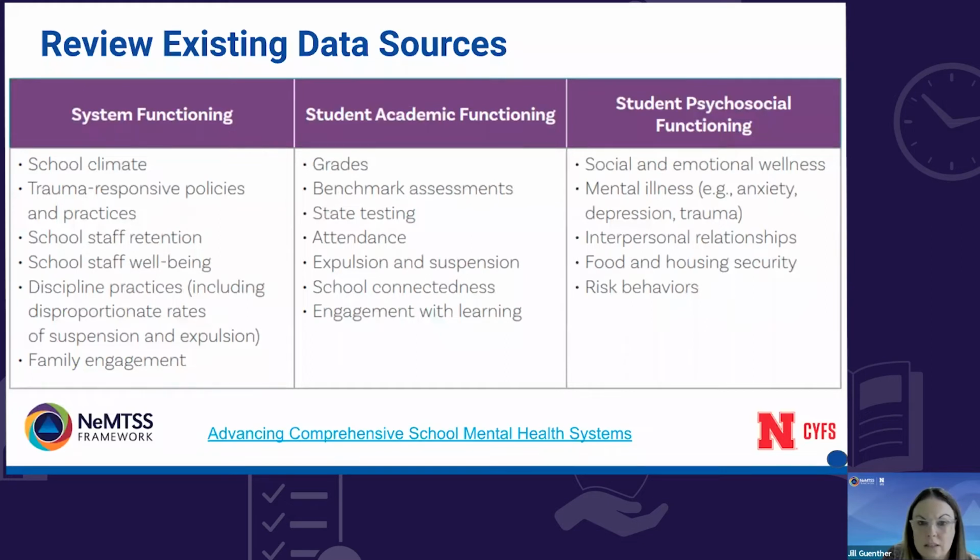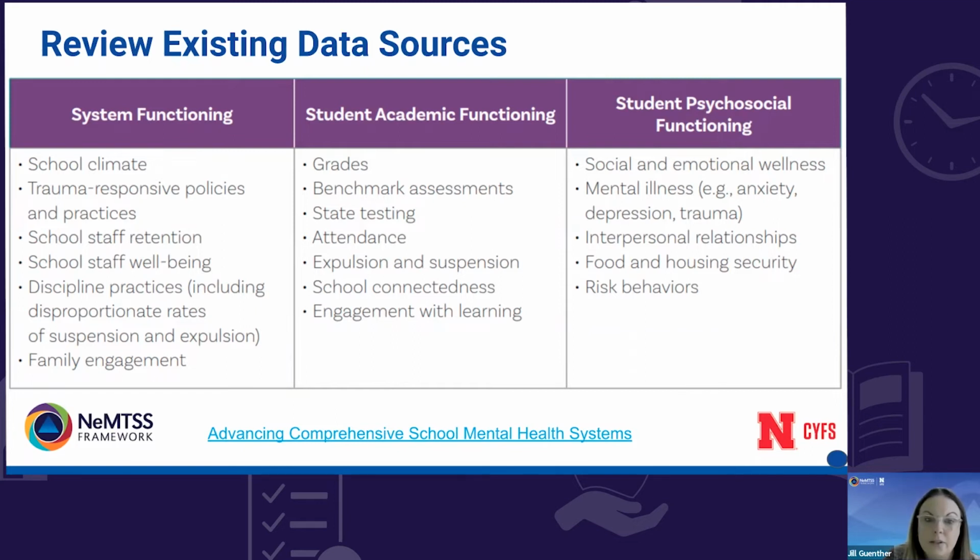Within system functioning: school climate, trauma responsive policies and practices, school staff retention, school staff well-being, information on discipline practices, and family engagement. From student academic functioning: things like grades, benchmark assessments, state testing, attendance data, expulsion and suspension, school connectedness, and engagement with learning.